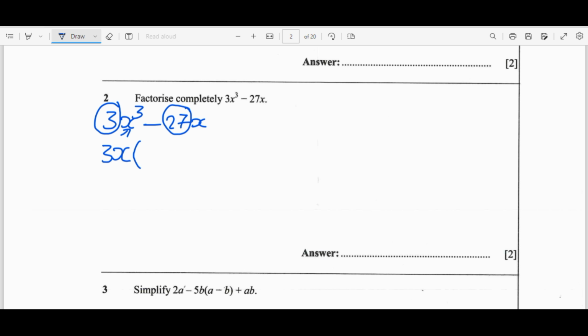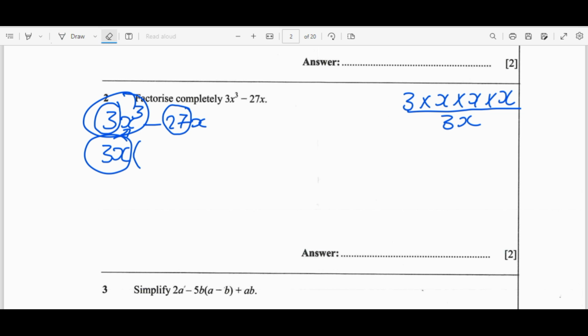After that, you need to open the brackets. So you divide now. This simply means that 3 times x times x times x over 3x. So we are getting this part divided by this part. If that is the case, we can cancel this, this, this, and this.